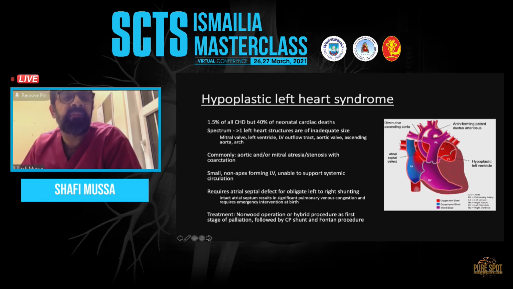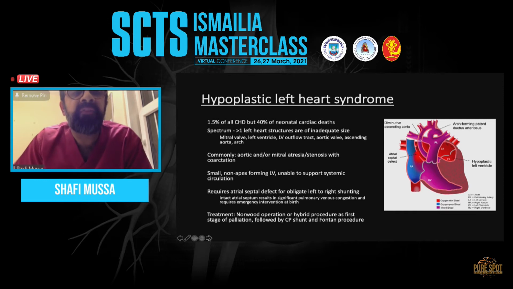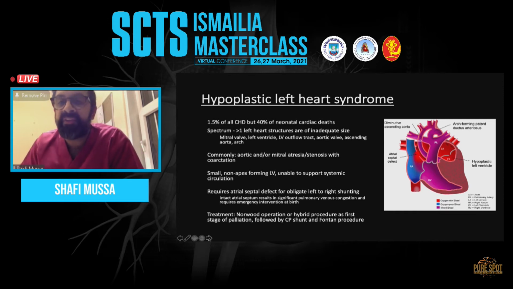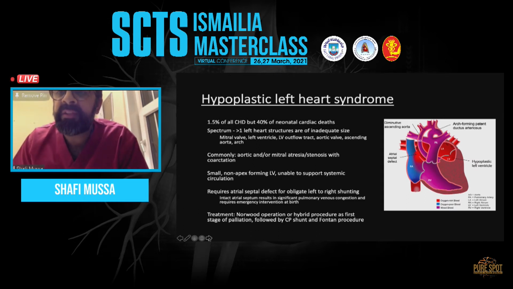So this can be anything from the mitral valve, the left ventricle, the left ventricular outflow tract, aortic valve, ascending aorta, and transverse arch. More than one of these is often reduced in size, such that the left ventricle is unable to adequately supply the systemic circulation.